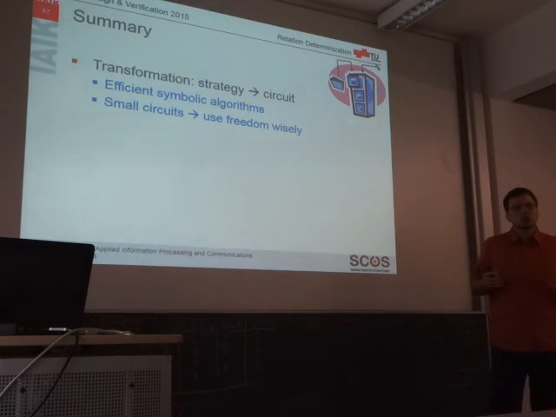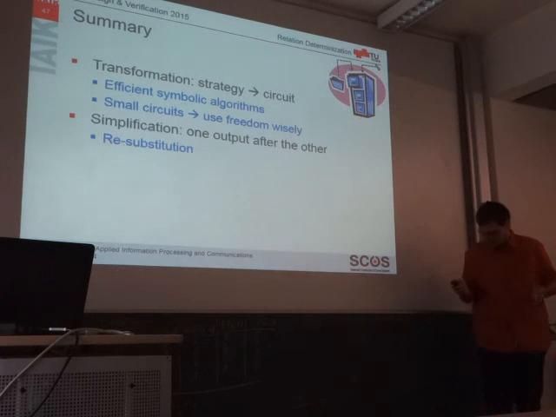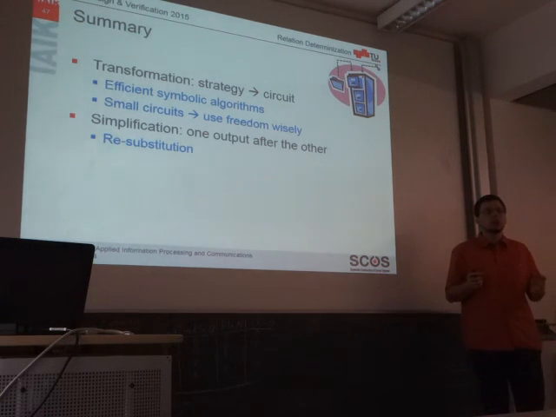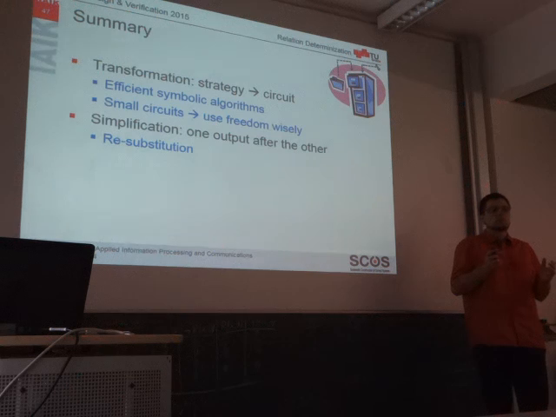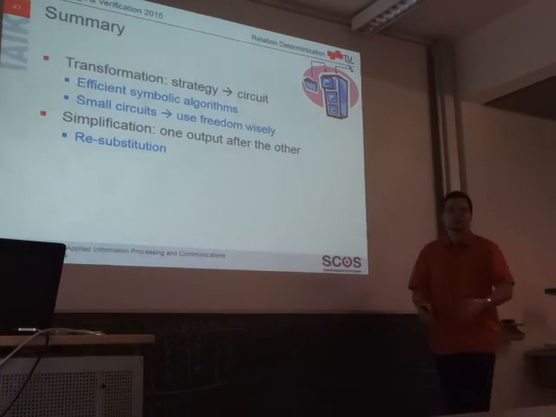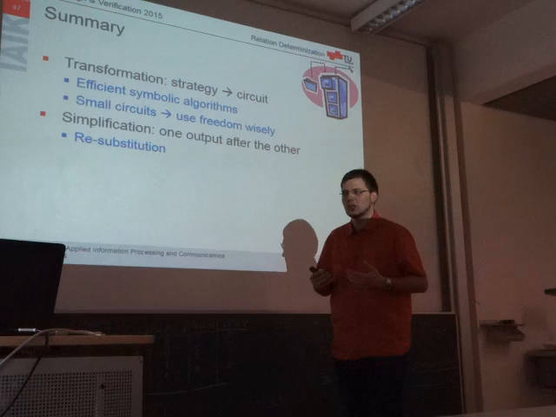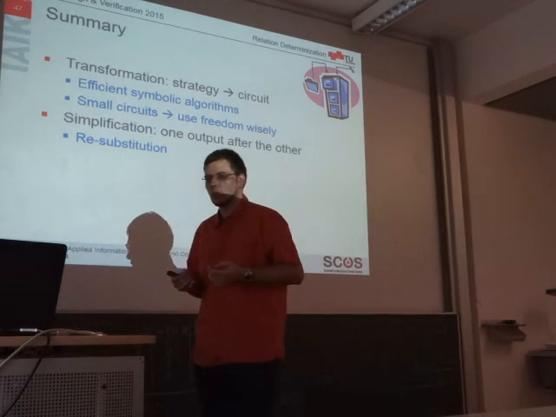And our main goal was to find small functions, small circuits, so we wanted to use this freedom that we have there in a wise way. As an important simplification, we have said that we will only look at one output after the other and perform resubstitution after each output has been computed to avoid running into errors.